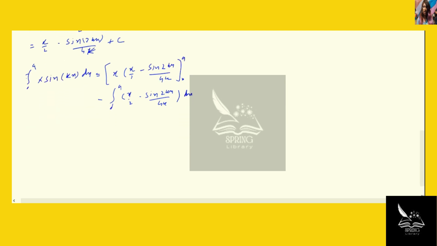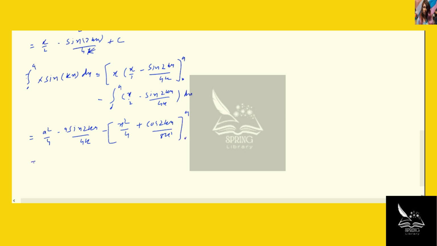So substituting the value, we get a square out of 4 minus a sin 2ka out of 4k minus x square out of 4 plus cos 2kx out of 8k square, with the limit from 0 to a.